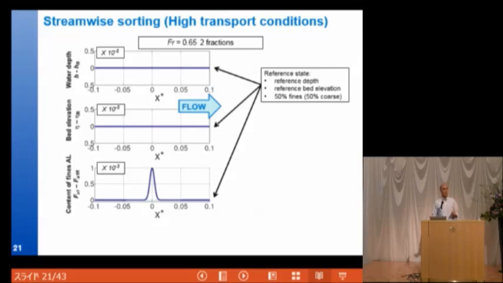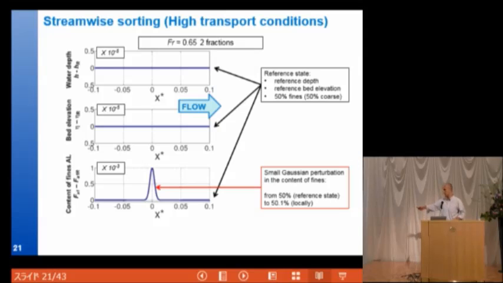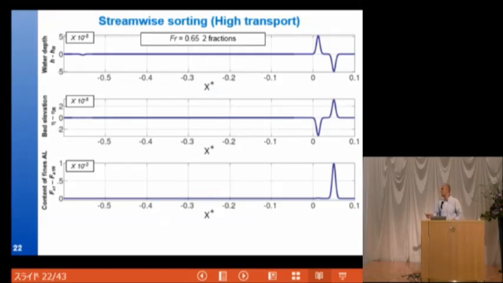Yeah, it's very tiny, from 50 to 51%. So I'm studying small perturbations. So what I expect is that many waves arise in the pattern, and the sorting wave will travel in the downstream direction. These are the results that we get.